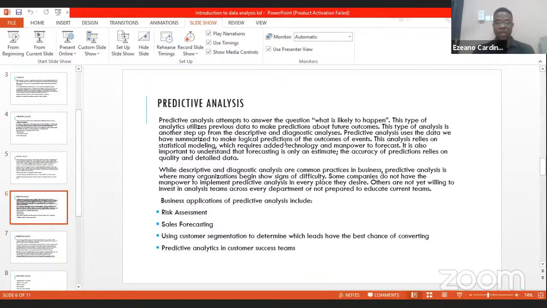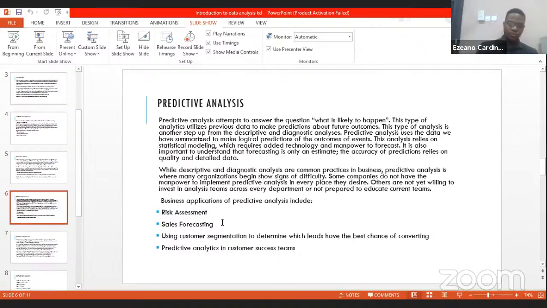This analysis relies on statistical modeling, which requires added technology and manpower to forecast. It is also important to understand that forecasting is only an estimate. The accuracy of prediction relies on quality and detailed data.